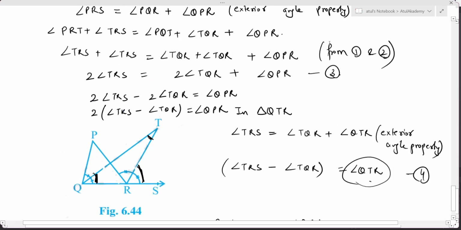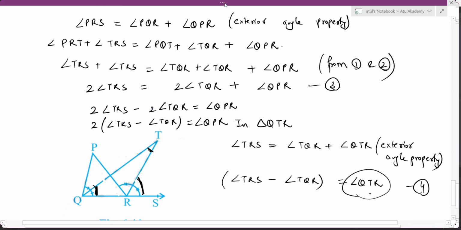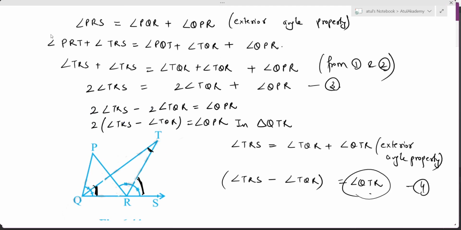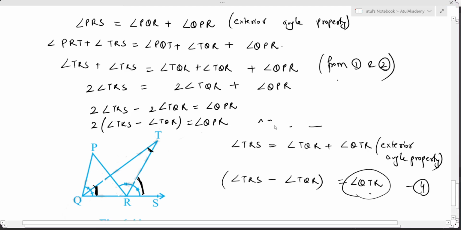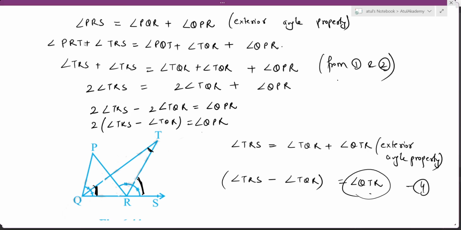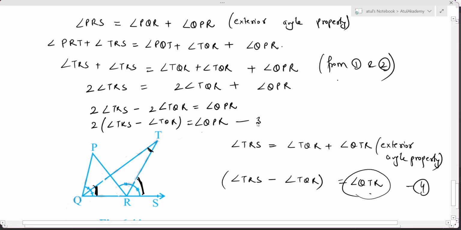Let's change the order of these. I will not say this as 3. I will say what I got over here as 3. This equation that I got, I'll just change a little bit. This is my third equation.